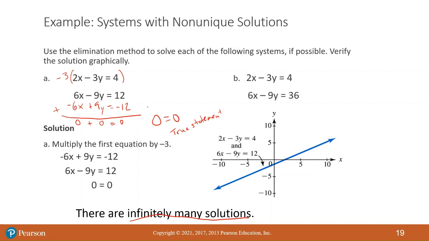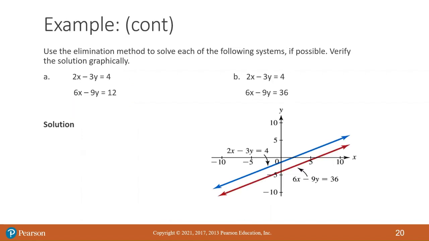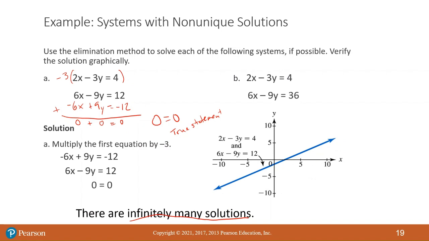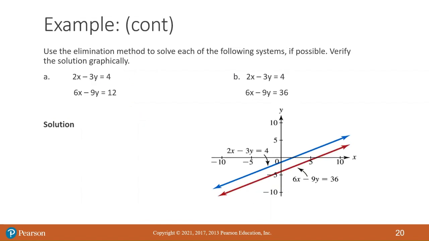So infinitely many solutions when I wind up with a true statement at the end of my elimination method. 0 equals 0. 0 always equals 0. It's a true statement, and always will be a true statement. So we have infinitely many solutions in that system. Let's look at B, however. You could also tell that A is the same line. That's what the graph over here was showing, that this turns out being the exact same line.